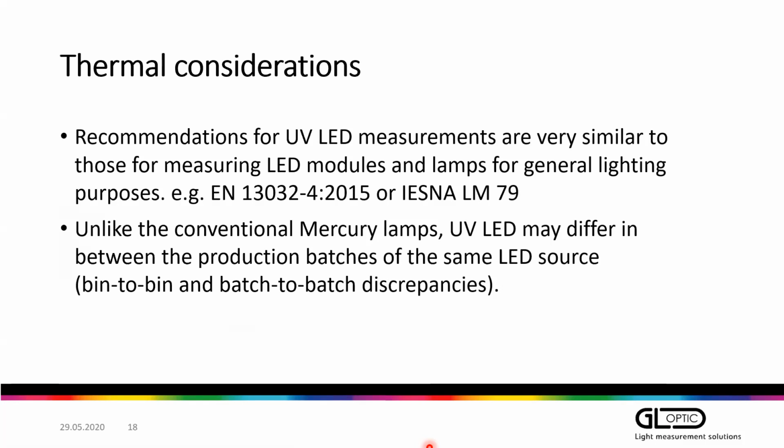Again, the wavelength is critical, because conventional mercury lamps are stable in terms of wavelengths. It is unfortunately not the case for LEDs, so you have to check bin to bin and batch to batch discrepancies, because this is connected with the production process and can cause variations in available LED chips.